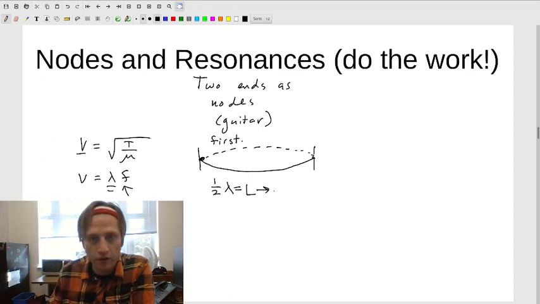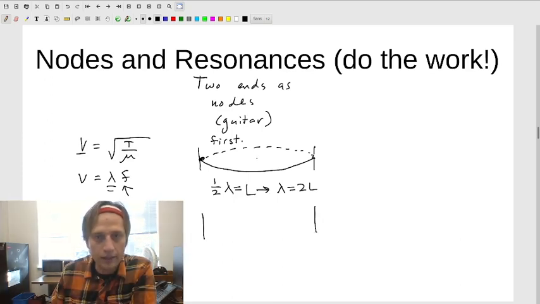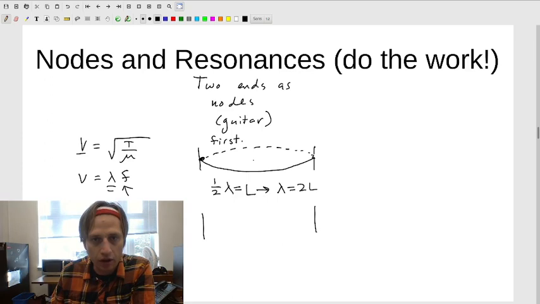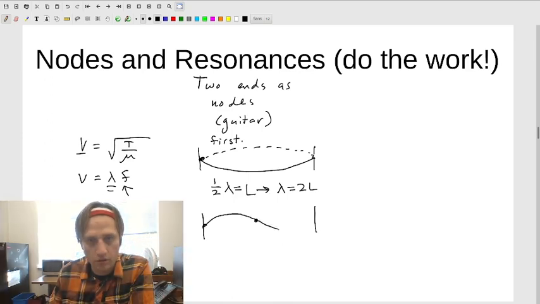So how do I find the wavelength that goes along with it? It's just 2 times L. Then the way I go from the first harmonic to the second harmonic is just by adding in a node. Every harmonic going up is just going to have one more node than the last one. So for instance, here we go, and we have added a node in the middle.